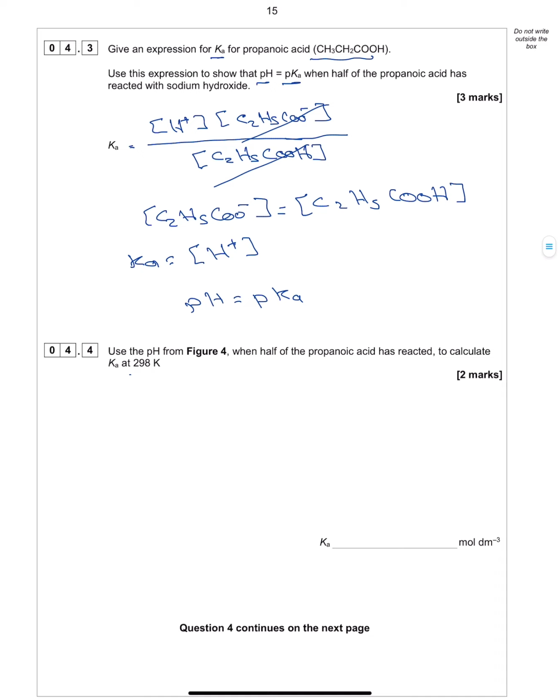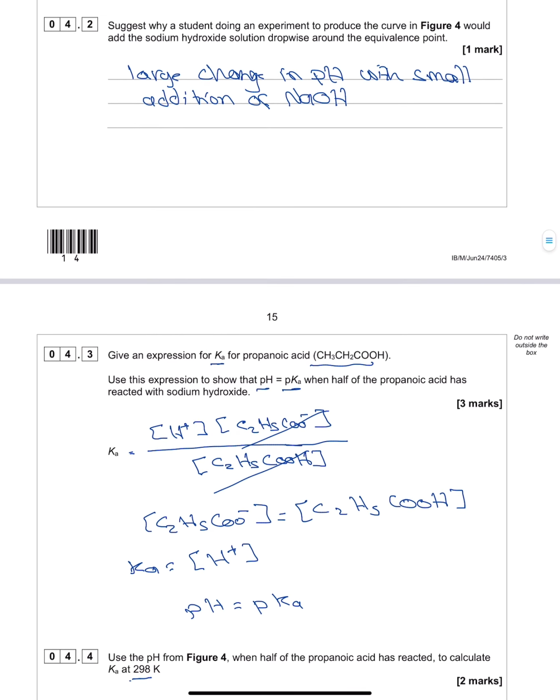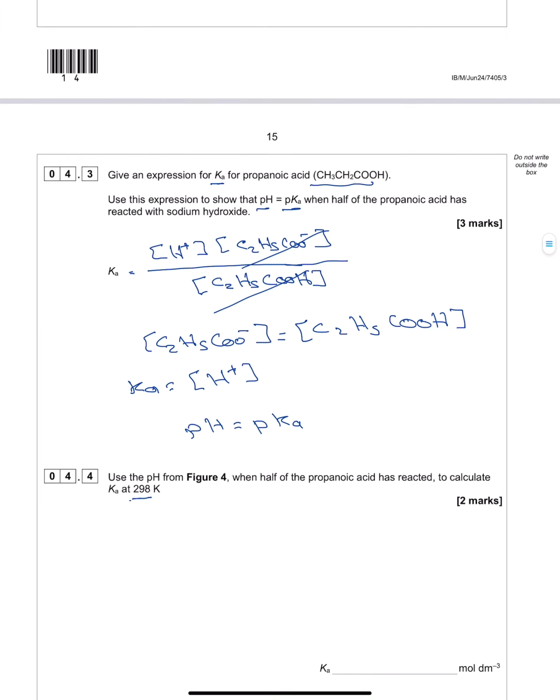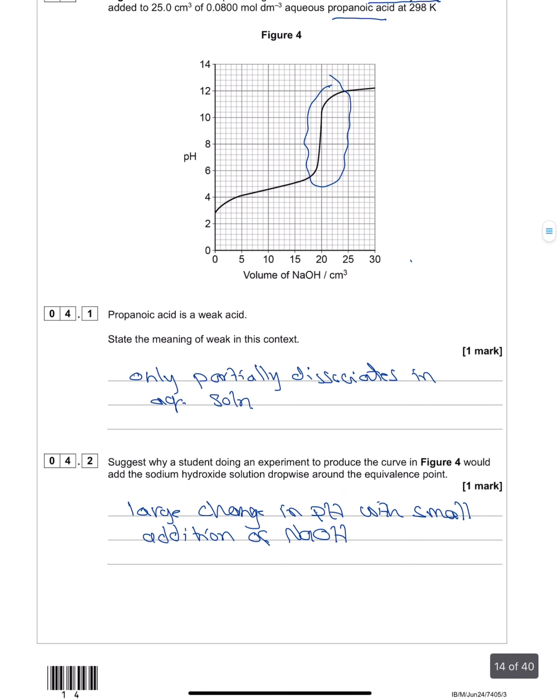Use the pH from Figure 4 when half of the propanoic acid has reacted to calculate Ka at 298 Kelvin. So now we need to look at the pH when half of the propanoic acid has been titrated. Let's look at the equivalence point first, which will be halfway through this vertical line. This is almost 20, so there is 20 cm cubed of sodium hydroxide.